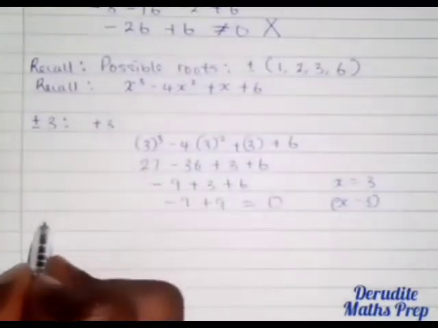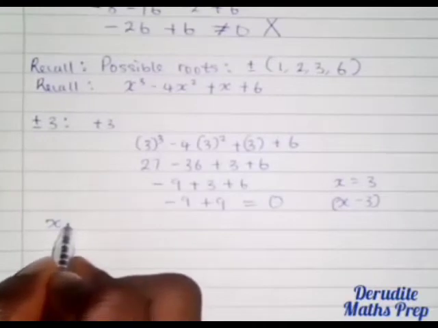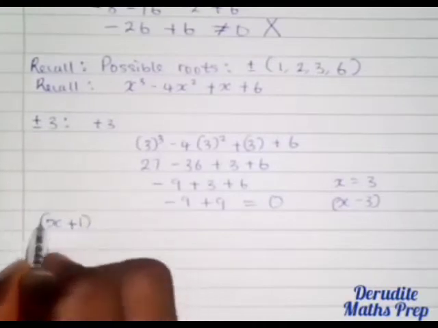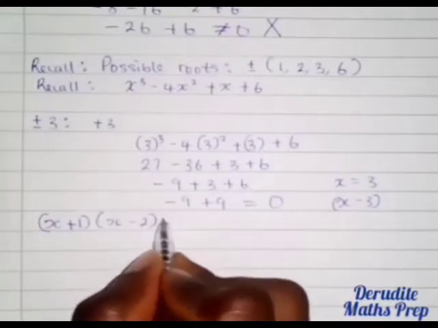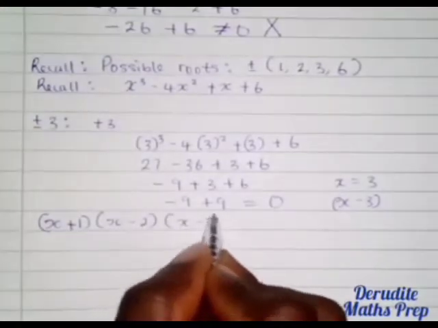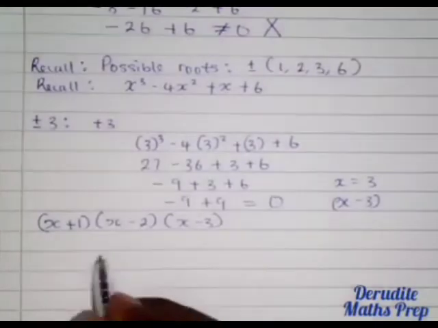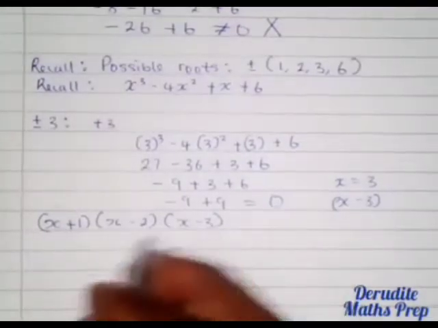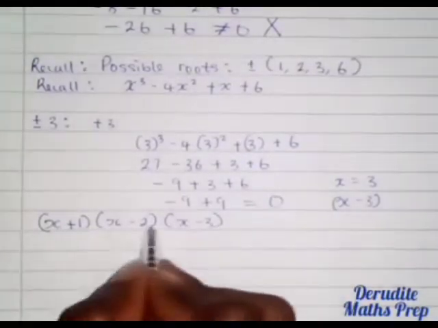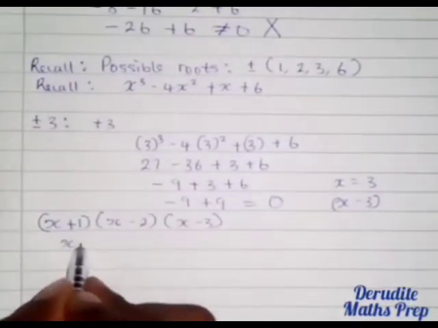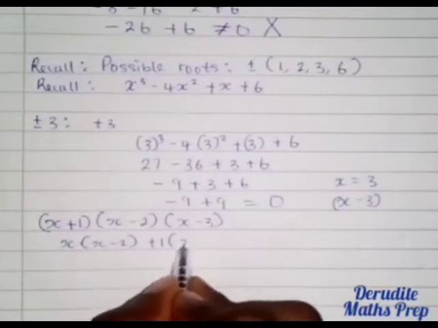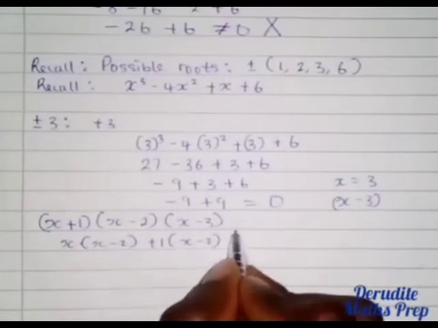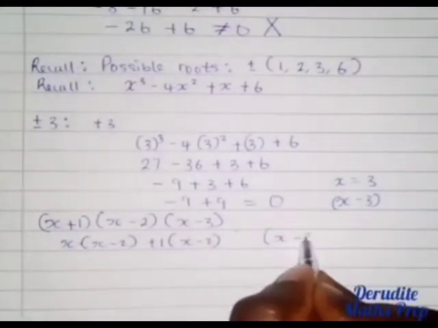So we've gotten x plus 1 as the first factor, x minus 2 the second factor, and x minus 3 to be the last factor. We can check if we were correct. Let's open this bracket. Let's distribute the first bracket over the second one. X into bracket x minus 2 plus 1 into bracket x minus 2. Let us just put the other one aside, x minus 3.